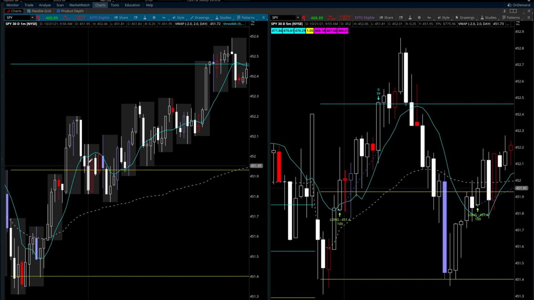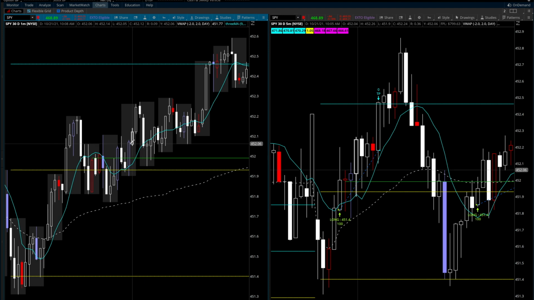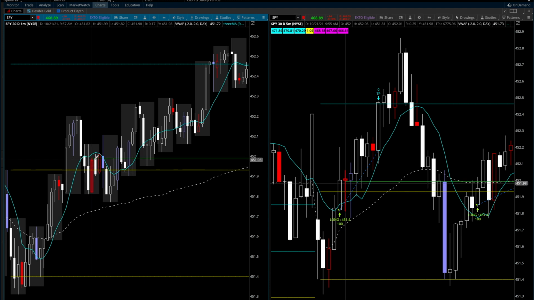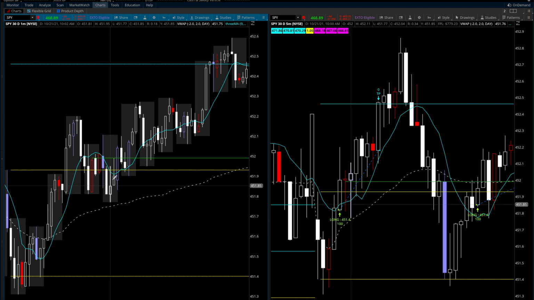You get your consolidation all in here. And this is an entry spot. So right there, that's one entry. You know, you're fairly close to that opening range level.